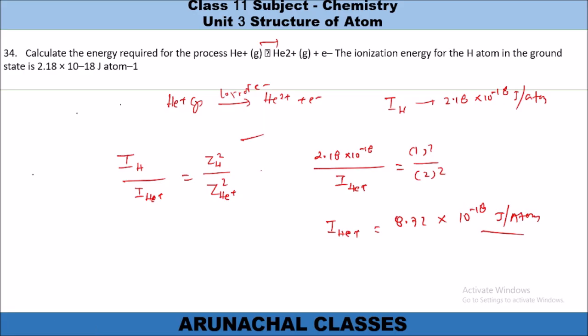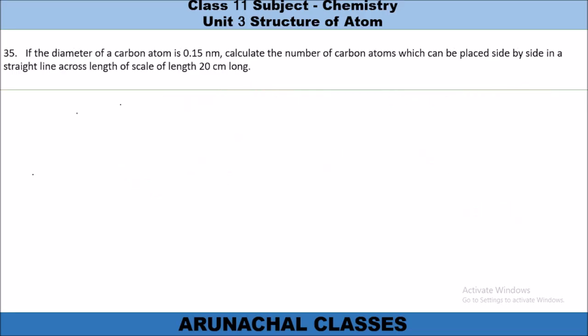Now we are with question number 35. Question 35 is given as: if the diameter of the carbon atom is 0.15 nanometer, calculate the number of carbon atoms which can be placed side by side in a straight line across the length of a scale. The length of the scale is 20 centimeter.